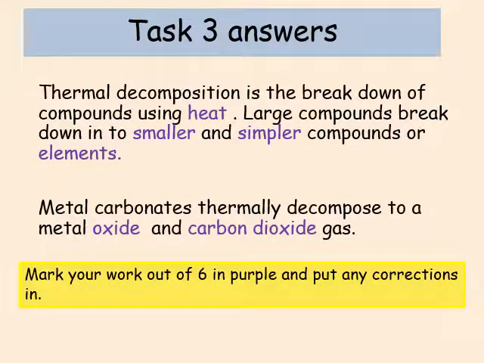Okay, the task 3 answers. This was your copy and complete question. Thermal decomposition is the breakdown of compounds using heat. Large compounds break down into smaller and simpler compounds or elements. Metal carbonates thermally decompose to a metal oxide and carbon dioxide gas.